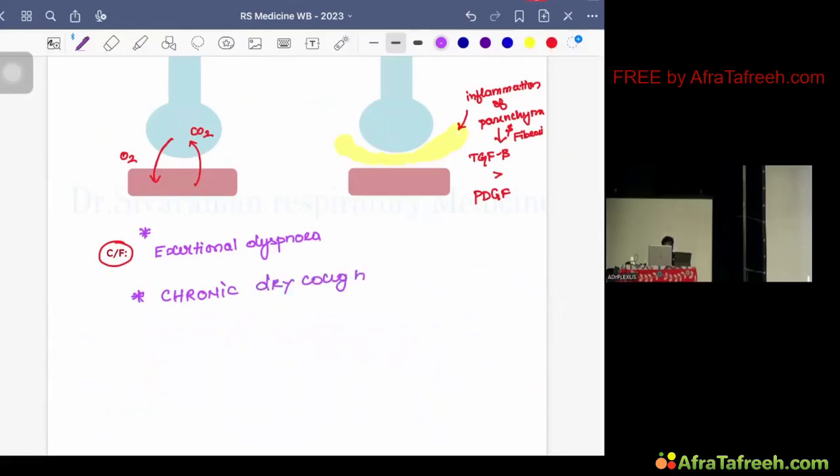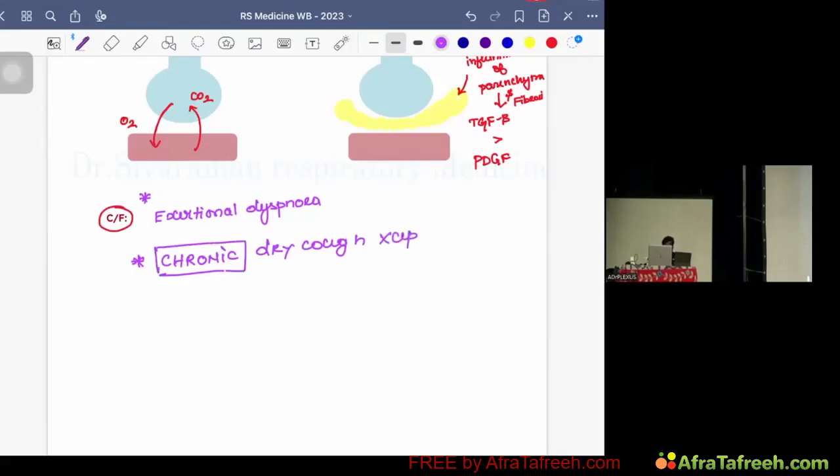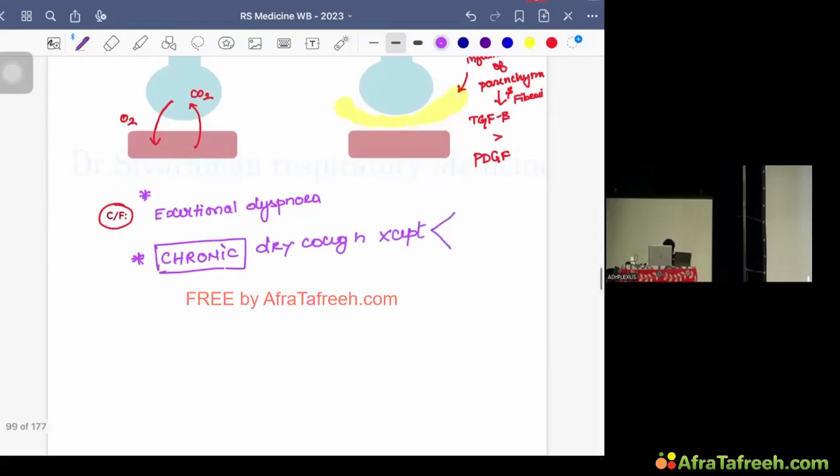This condition is going to be chronic except in a few conditions. The few conditions where it is going to be acute are cough, write it as cough, we will see what that is later.